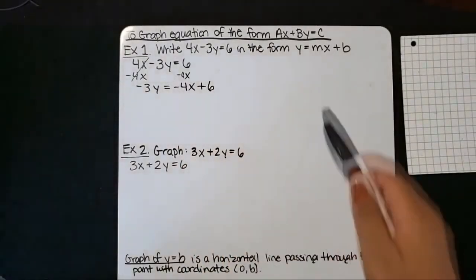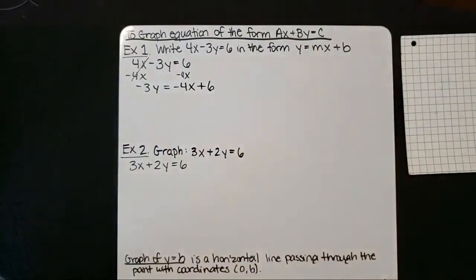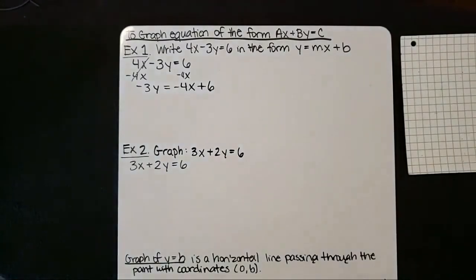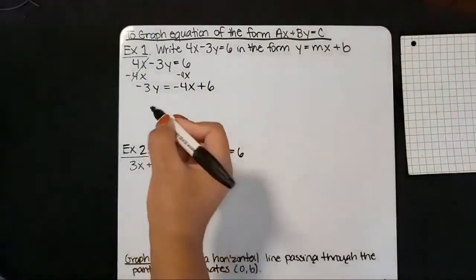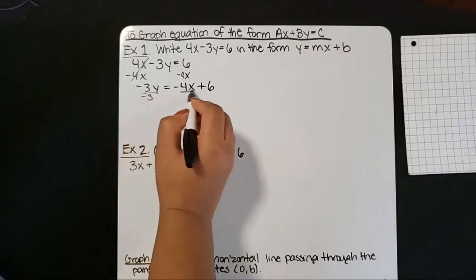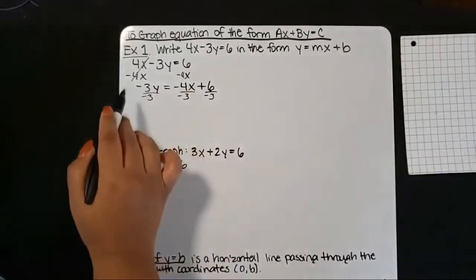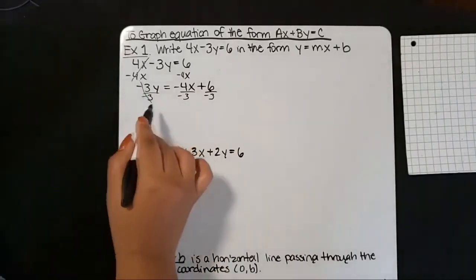Now, it still doesn't quite look like slope-intercept because slope-intercept has y equals, and we have this negative 3 over here. So we have to divide everything by negative 3. All right. So negative 3 over negative 3 is 1.